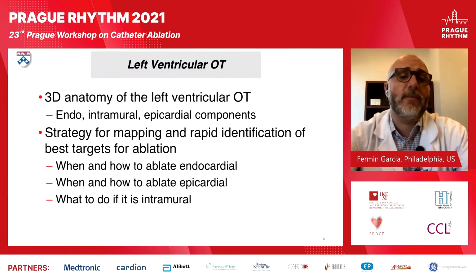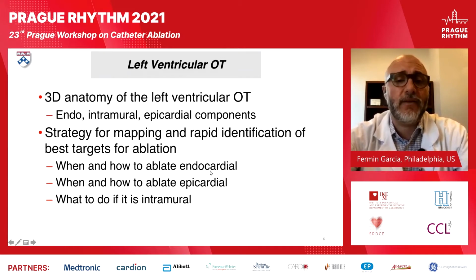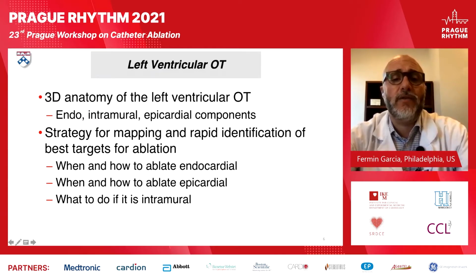The whole point of my presentation, including venous mapping, is to create a strategy that, in a more rapid form, directs our attention to define the best target of ablation: whether this is a patient we can target from the endocardium, a patient for whom we start to figure out how to go for the epicardium, or rapidly decide it's neither one and the origin of the arrhythmia is really intramural.